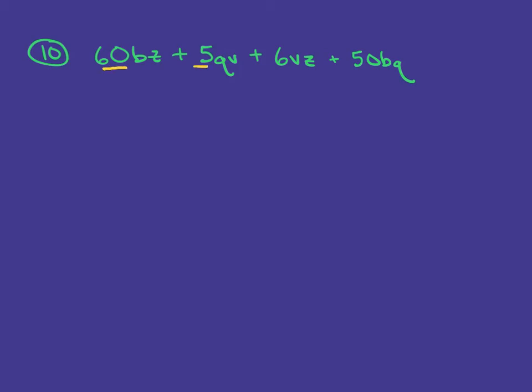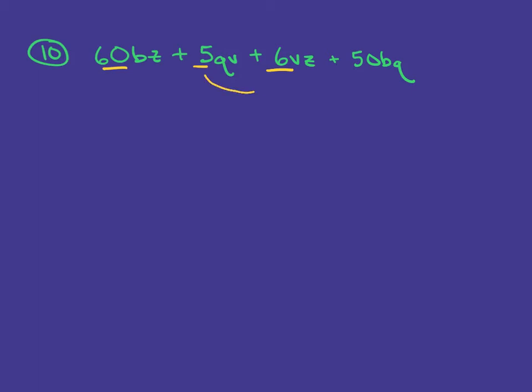If you were to pair off the first two, you could take out a common factor of 5. That would be nice. What they'll also do, though, is the number next to it, the 6, might pair better with the 60 when we go to factor this out.